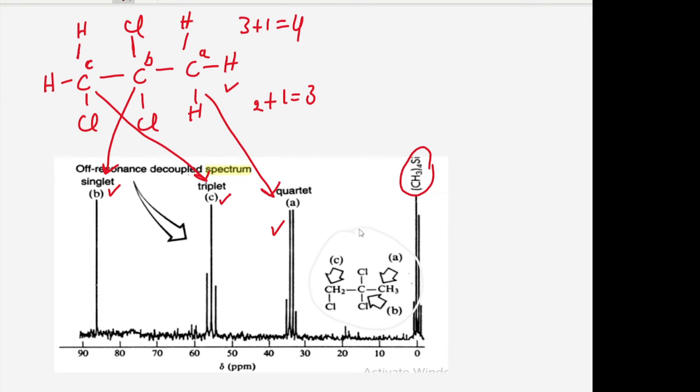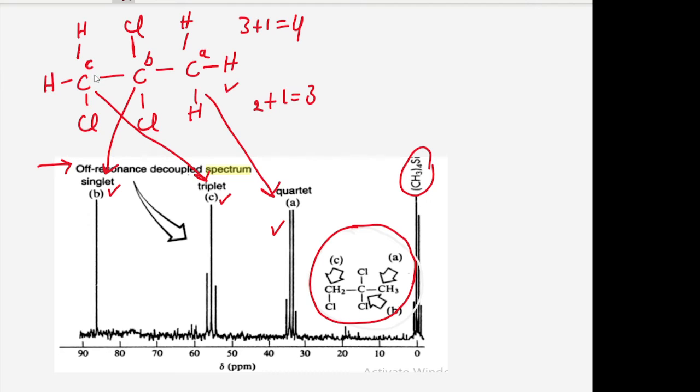They have already solved this here, so I just open the structure, and it is easier for you to open the structure and then start finding this. In the off resonance decoupled spectrum you can get the splitting, and the benefit of splitting is that you can find how many protons are attached to the carbon.